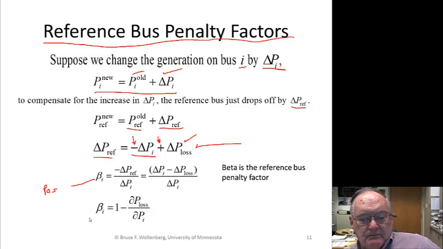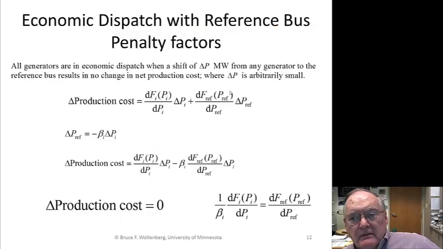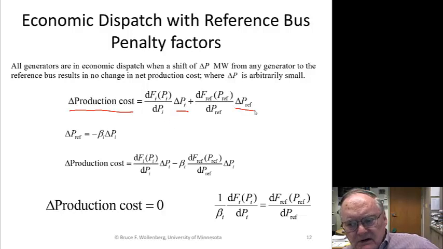And then we say beta is equal to, and we come out with our old friend, the penalty factor. Well, it's 1 over the penalty factor, 1 minus the incremental loss. Now, let's do economic dispatch with these reference bus penalty factors. So if I'm looking at all the production cost and I say I'm going to change Pi and I'm going to change P ref, what's the change in production cost?